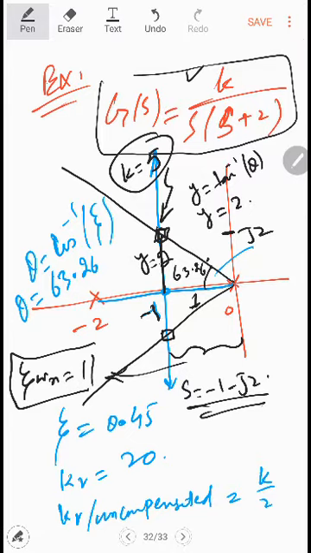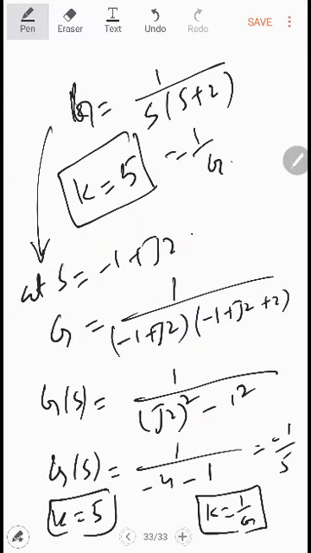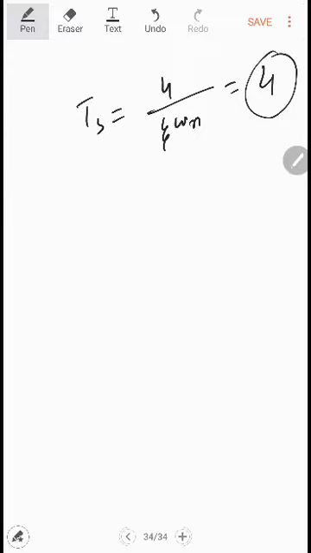We have zeta, so we can also find the natural frequency of the system, and since zeta omega n is given, you can also find the settling time of the system, which is equal to 4 seconds in this case, because the settling time is equal to 4 divided by zeta omega n. Since zeta omega n is equal to 1, the settling time is equal to 4 seconds.